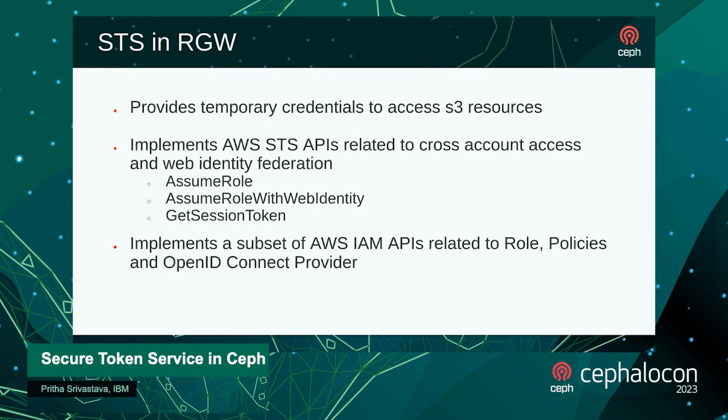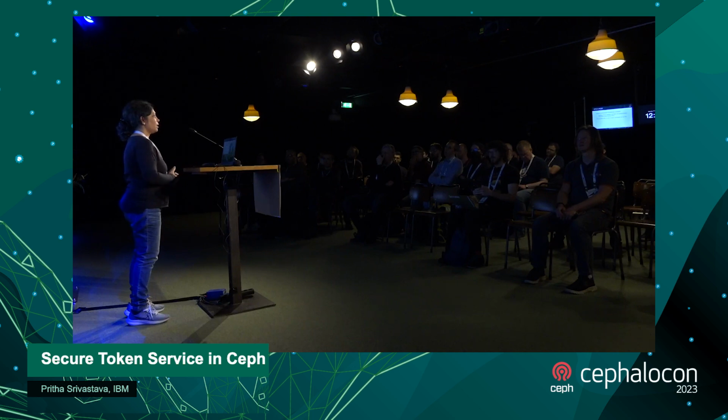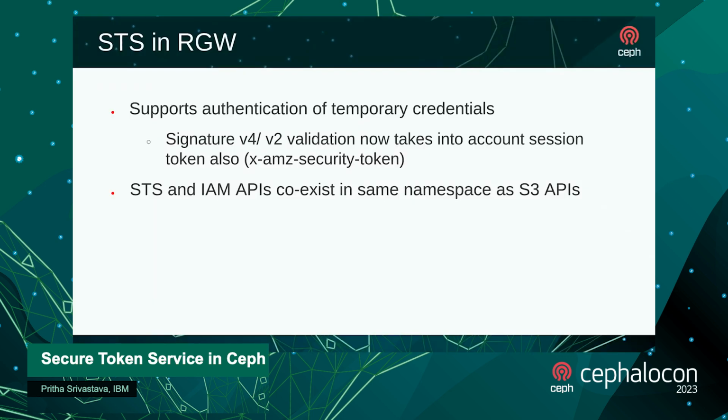It also implements a subset of AWS IAM APIs for performing CRUD operations on roles, policies, and OpenID Connect provider. And it also provides signature validation both for V2 as well as V4 authentication of these temporary credentials. Currently, STS, IAM, and S3 APIs all coexist in the same namespace. They use the same endpoint for talking to RGW.